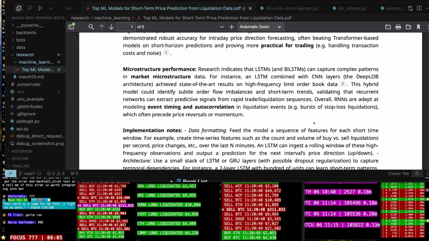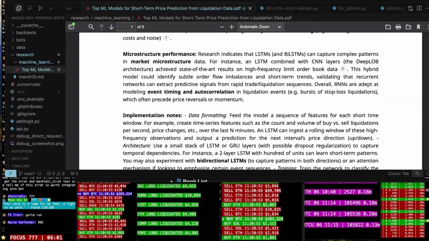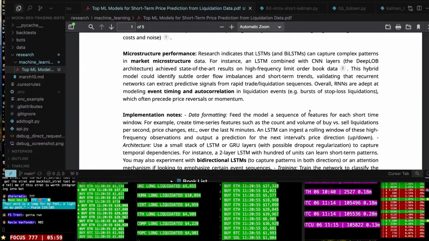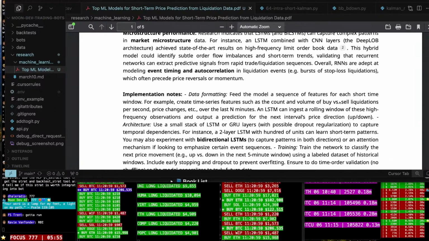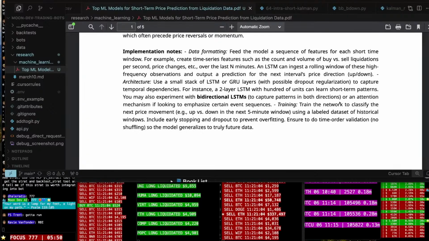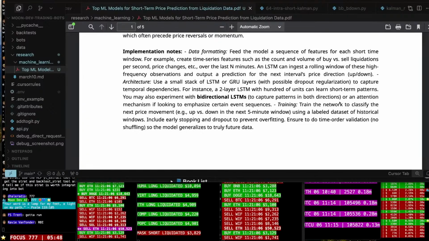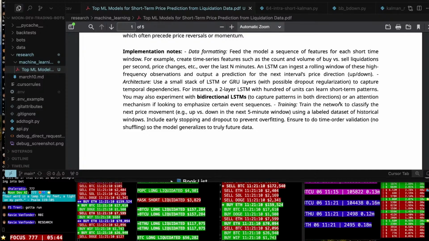Overall, RNNs are adept at modeling event timing and autocorrelation in liquidation events, e.g. bursts of stop-loss liquidations which often precede price reversals or momentum. Implementation notes, data formatting. Feed the model a sequence of features for each short time window.